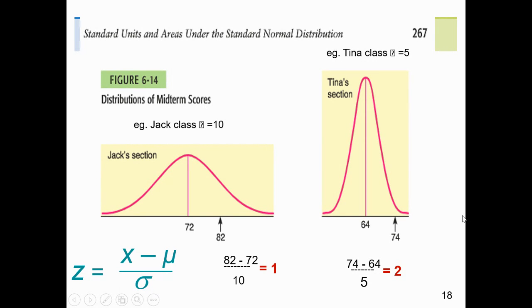This is how you calculate a z-score. You take the raw score, subtract the mean, and you divide it by the standard deviation. Notice in Tina's class, the standard deviation was 5. In Jack's class, it's more spread out. His standard deviation was 10. I haven't done this recently, but I may do it: I'll give you the standard deviation of your test scores.